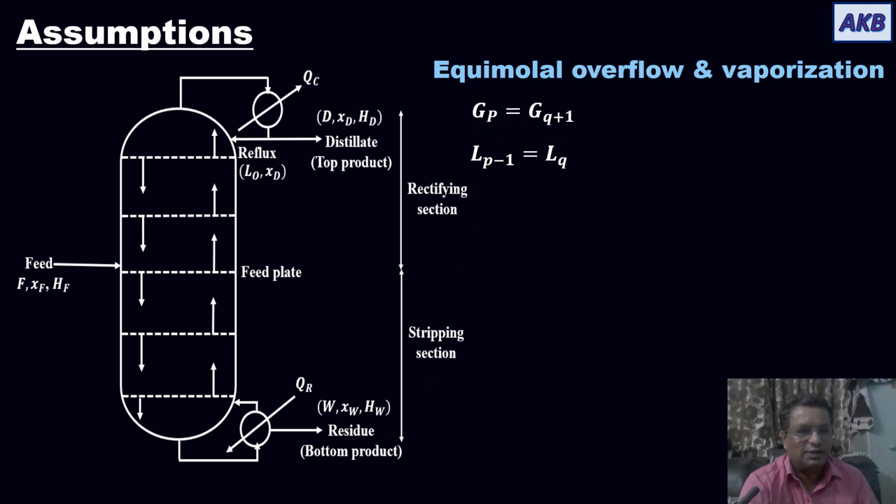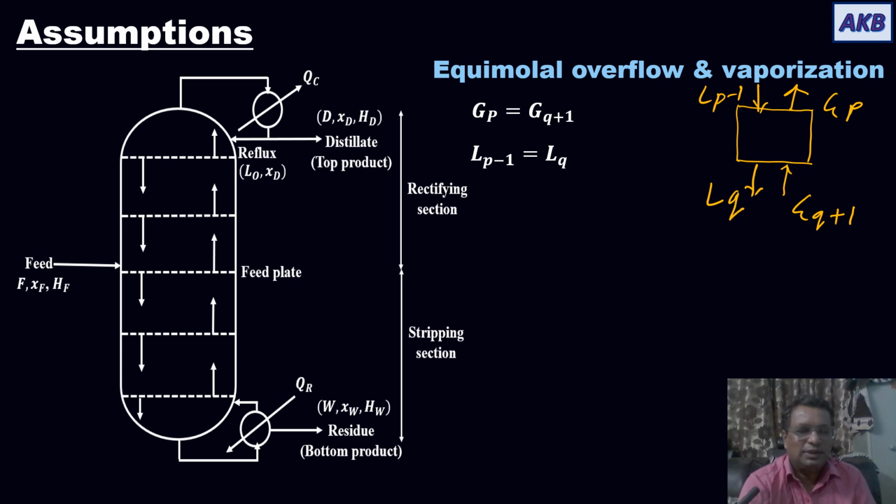If you remember the section that we had considered, the entering vapor flow is GQ plus 1, and leaving vapor flow is GP, whereas the entering liquid flow is LP minus 1, and the leaving liquid flow is LQ.